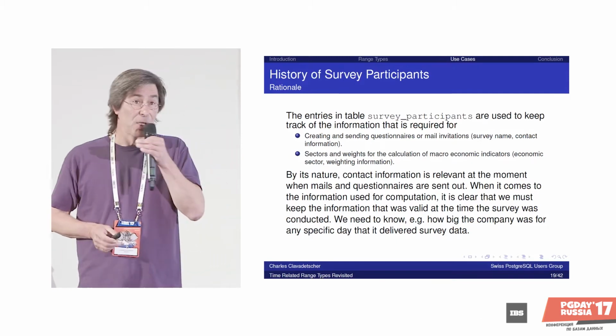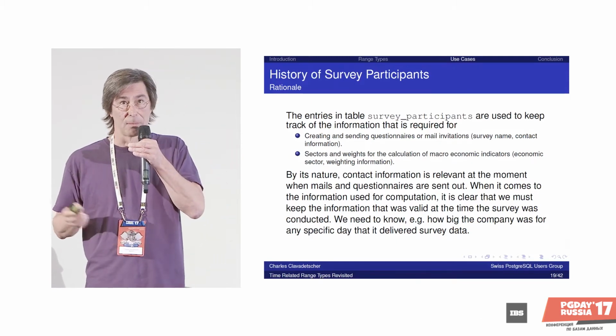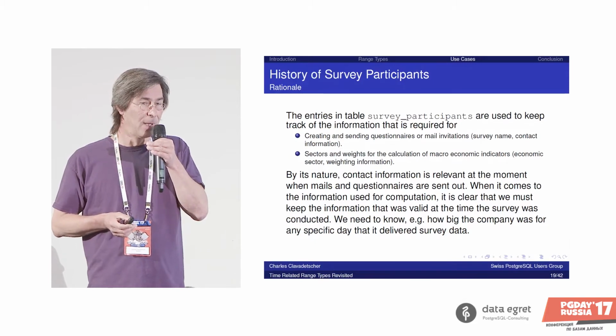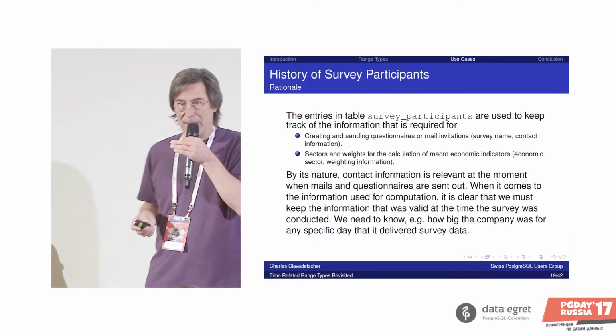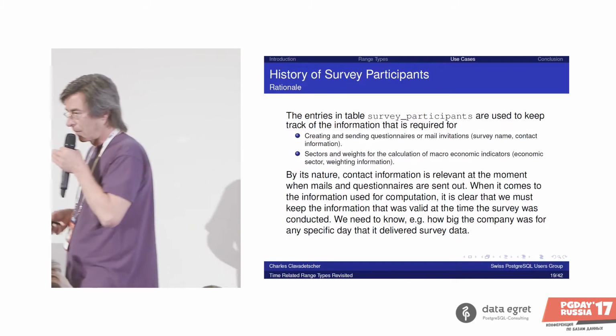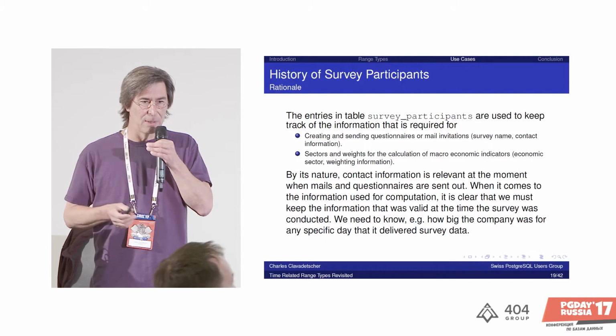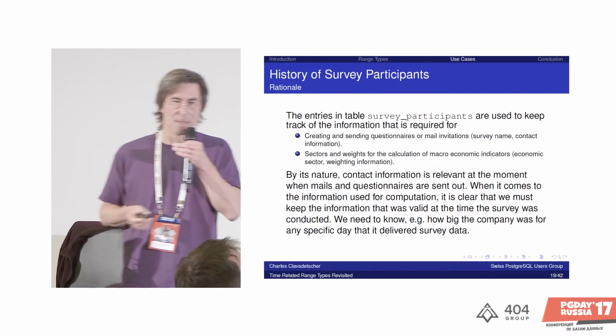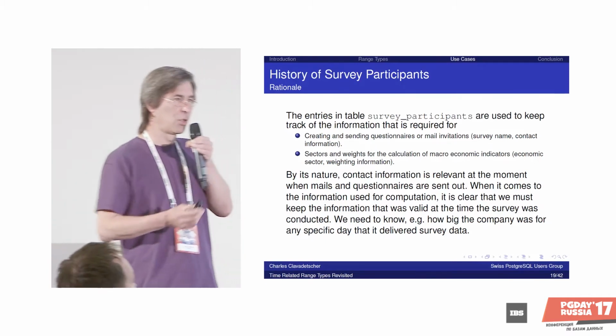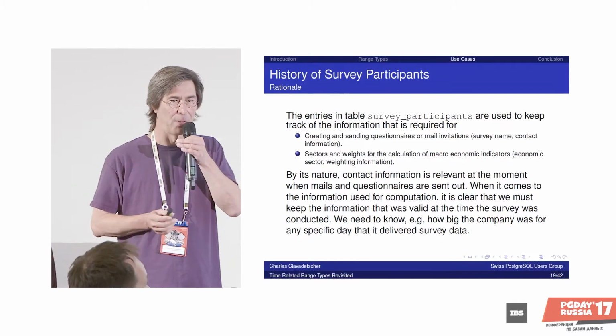And we also need information about how many people work for that company, because all the answers are weighted using that. You can imagine that a company answering the same question for 10,000 employees maybe has a bit larger weight than a company having 10 employees.